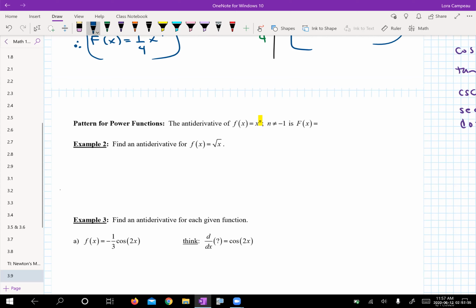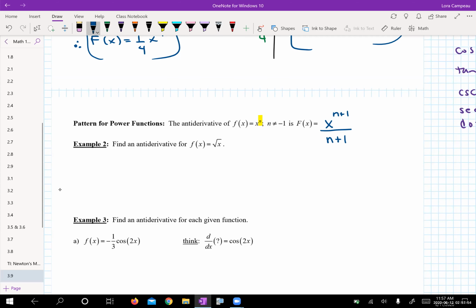The nice pattern tells you that the antiderivative is x. You probably already guessed it. You're always going to add 1 to the power, but you have to remember to divide by the same expression.